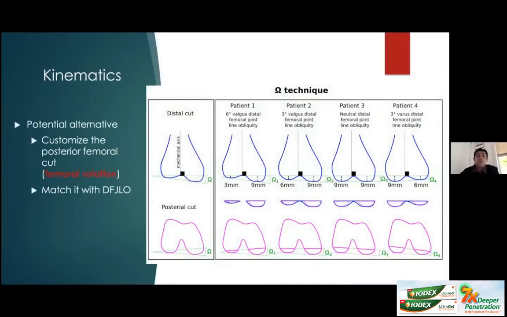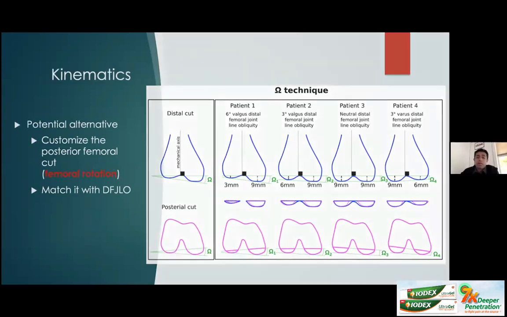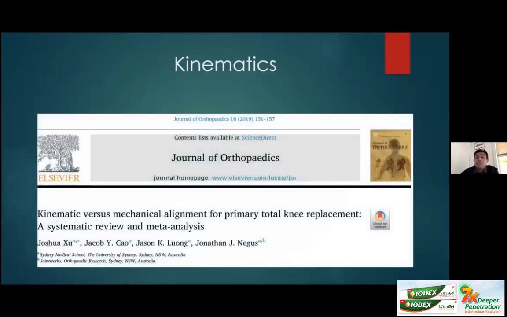However, if you were to customize your posterior femoral cut and your distal femoral cut based on the actual joint line obliquity, you make the distal femoral cut based on kinematically aligned principles, and then you match your posterior femoral cut to that, you will have a matching with the distal femoral joint line obliquity, and that will reduce the stress on the patellofemoral joint. Again, these are computational models. The real effect on patients is yet to be analyzed.